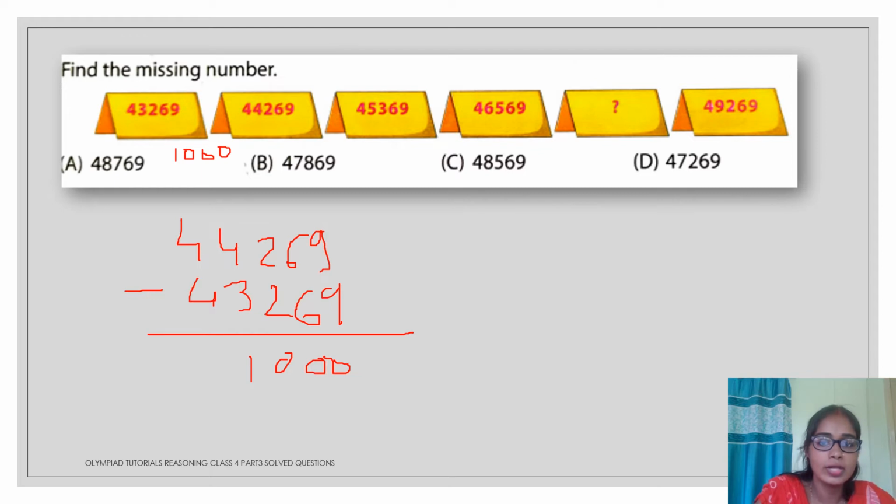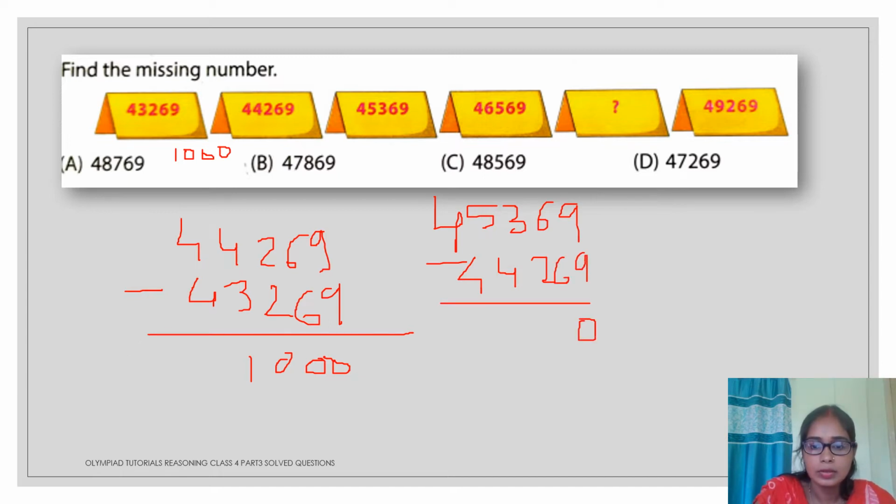We'll move on to the next number, that is 45369, minus 44269. We have got 1100.